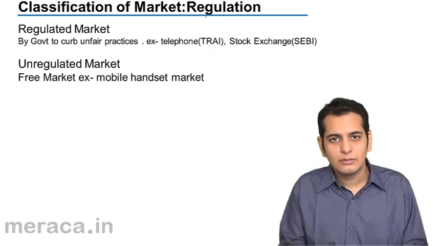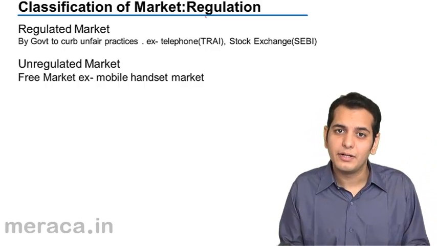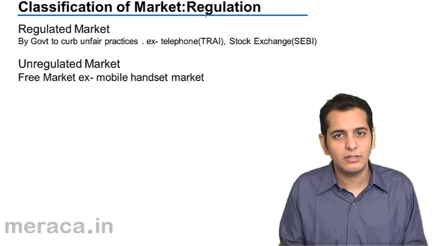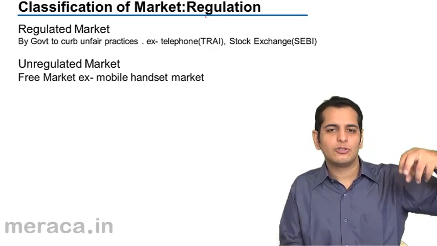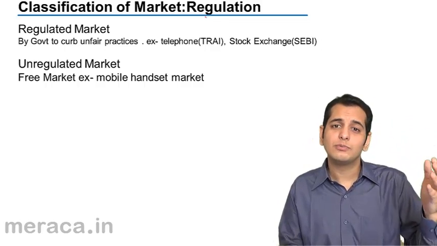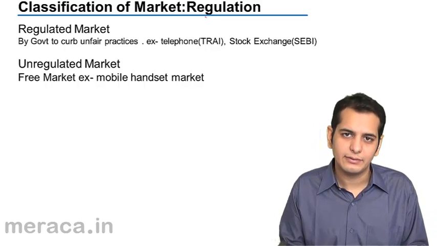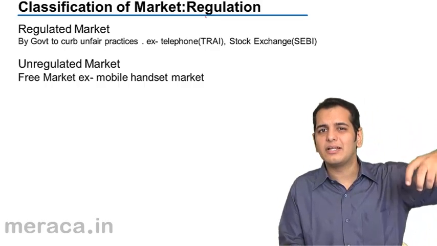Likewise, the insurance market is regulated by IRDA, the Insurance Regulatory and Development Authority. It regulates the insurance markets. Again, you must have heard this word TRAI, the Telecom Regulatory Authority of India. It regulates the telecom industry.